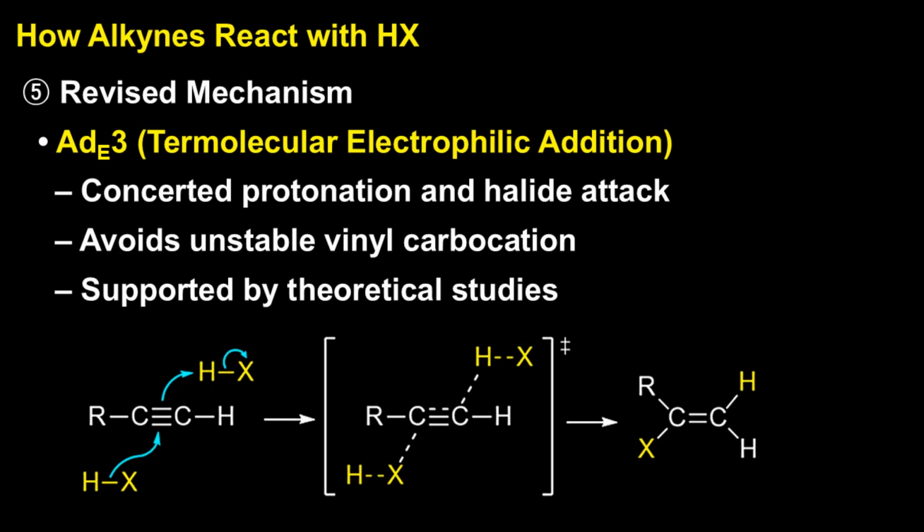In this model, the protonation and halide attack happen at the same time in one concerted step. And by doing that, we skip the vinyl carbocation altogether, which makes the whole reaction a lot more reasonable. This idea is backed up by theoretical studies, and it helps explain how the reaction works so smoothly, even though the intermediate seems way too unstable to form.